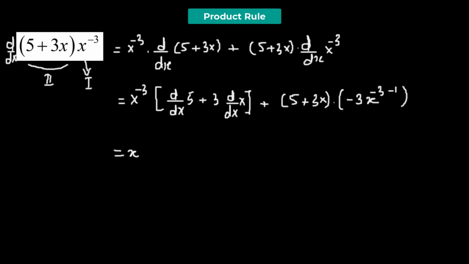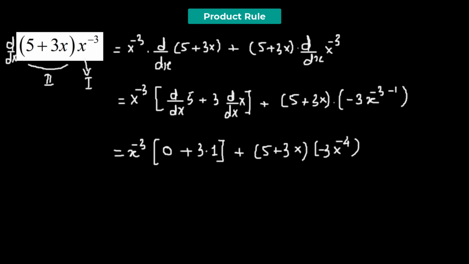So we have x raised to the power of negative 3 times 0, which is the derivative of 5, plus 3 times the derivative of x, which is 1, plus 5 plus 3x multiplied to negative 3 times x raised to the power of negative 4.